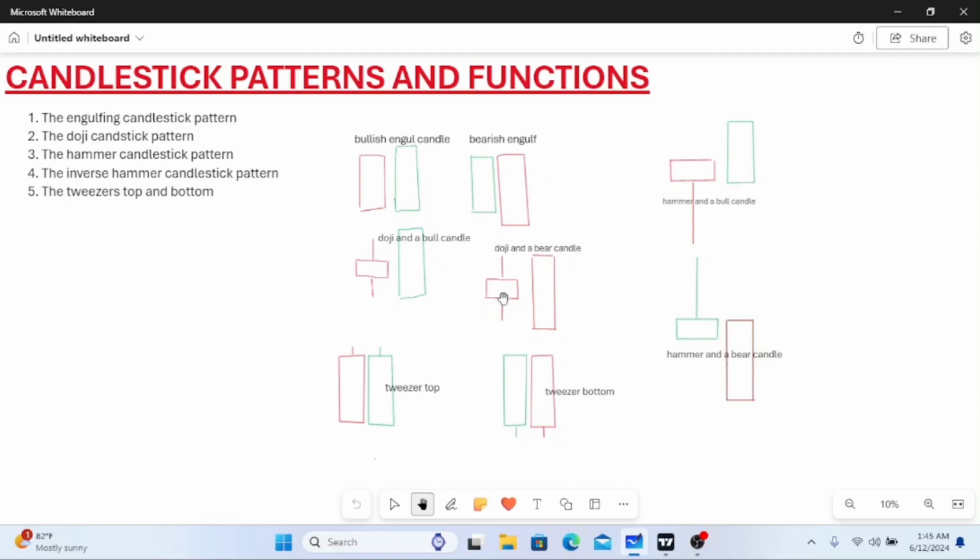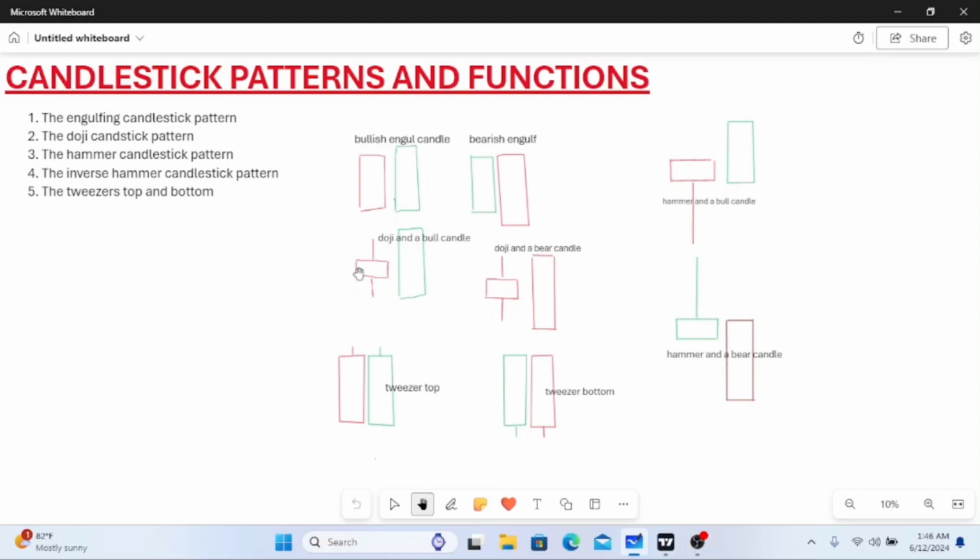So the doji is known as an indecision candle. Whenever this candle appears in the market, it means you don't know if the bear or the bull is in charge of the market. So to determine the direction of the market, it must be supported by either an appearance of a bull candle or a bear candle.